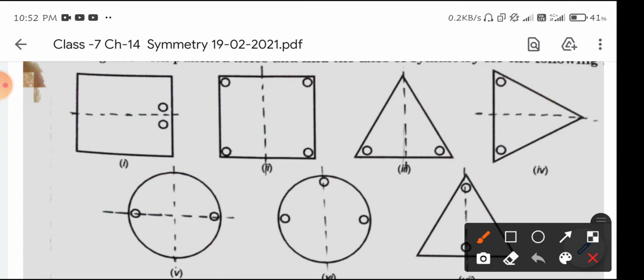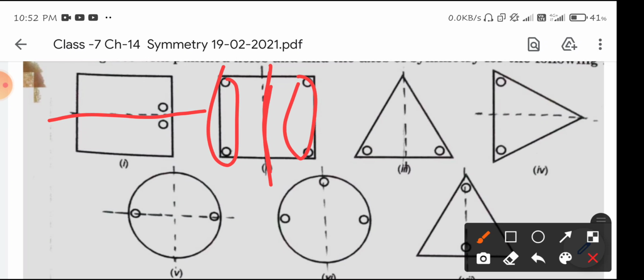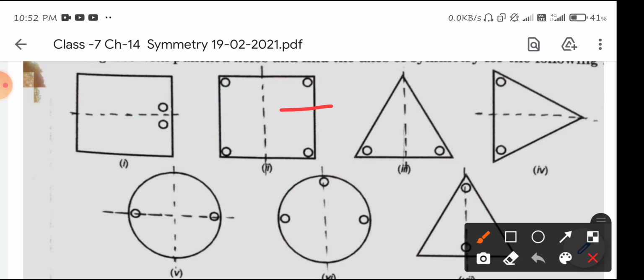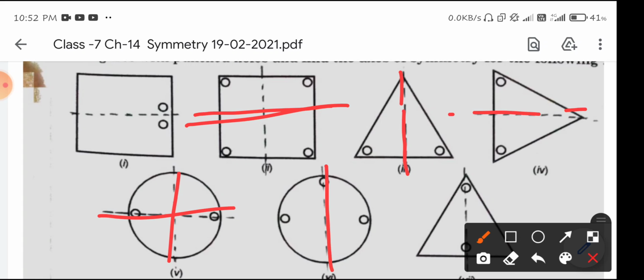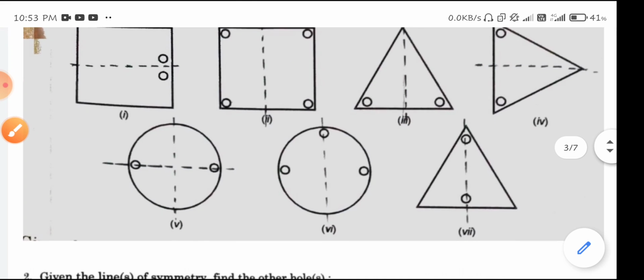So the first one, you can divide horizontally, and here we can divide vertically, so that you can see 2 circles are here and 2 circles are also here. Means using horizontally only we can divide it, and vertically this one like this also. Then here from the middle, it also from the middle, then into 2 parts, from the middle only, so that all the parts will be equal.